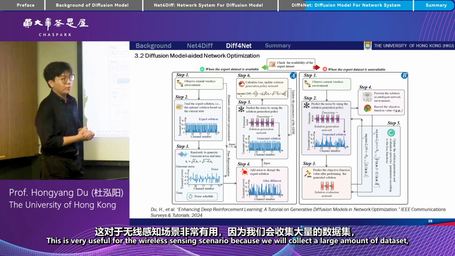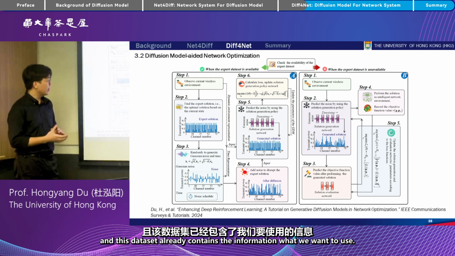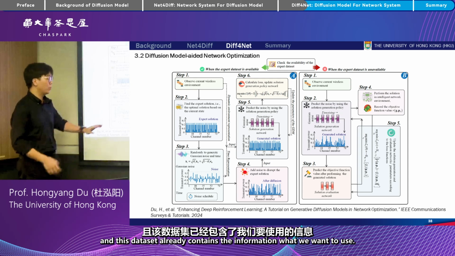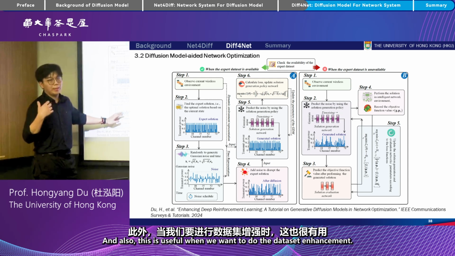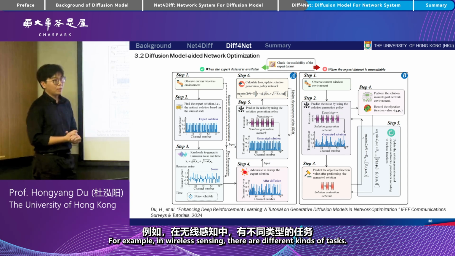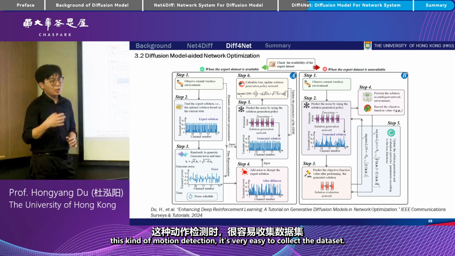This is very useful, like for the wireless sensing scenario, because we will collect a large amount of data, and this dataset already contains the information we want to use. And also, this is useful when we want to do dataset enhancement. For example, in wireless sensing, there are different kinds of tasks. If we want to consider tasks like trajectory or people running or walking, this kind of motion detection, it's very easy to collect the dataset.